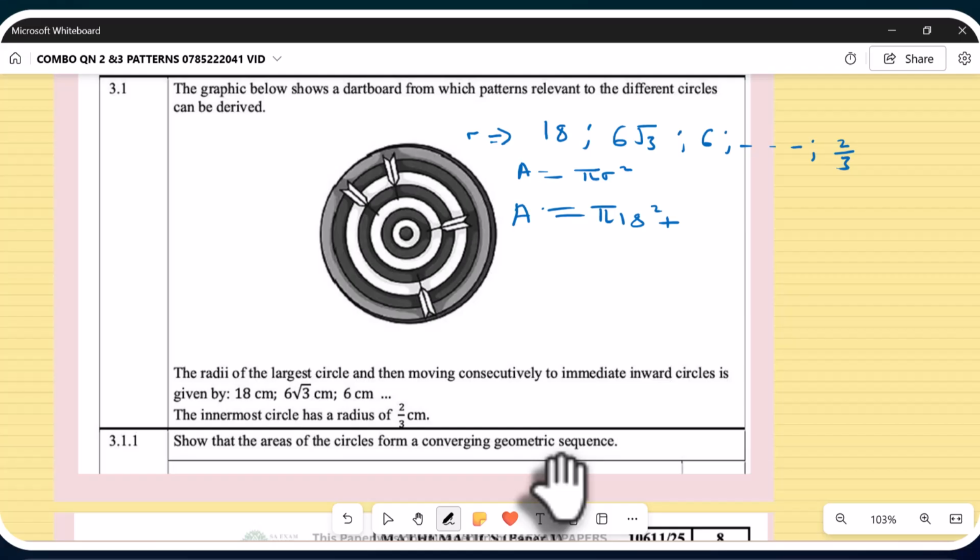On your calculator, what do you get, guys? Here I'm getting 1 over 3.